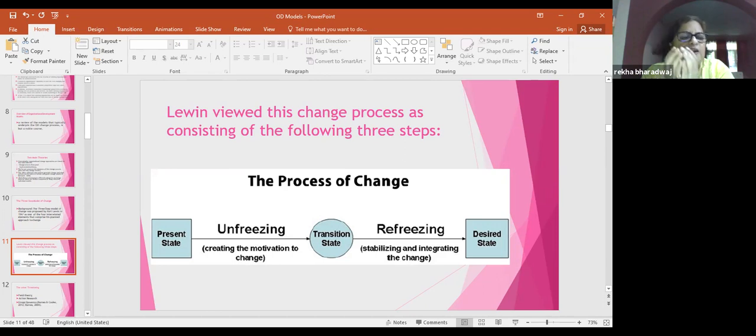Sometimes you show films, sometimes you tell stories, sometimes you make them meet people who are suffering as a result of the consequences, to heighten the need within the person to want to change. And then, because it is a process in which you can quickly go back to your old habits, interventions are made to stabilize and help the person to integrate the change so that it becomes a permanent feature.